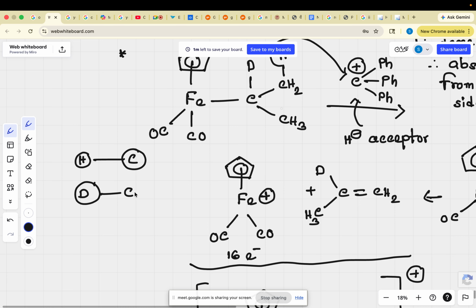If size is increasing, the overlap will be higher, and that means the bond will also be stronger. The bond gets stronger if you are overlapping with similar size. That's why the carbon hydrogen bond breaks easily, not carbon deuterium. Okay, sir. Clear.